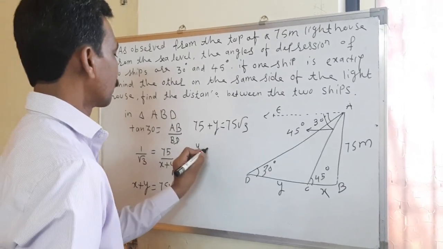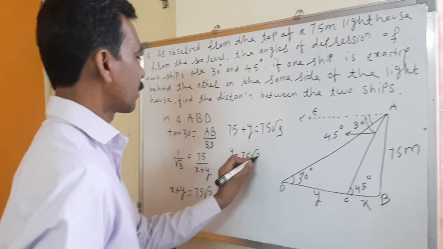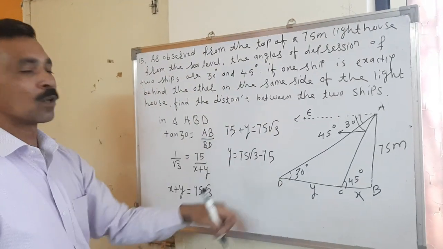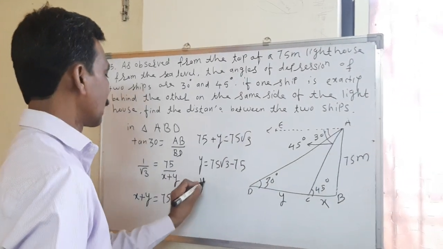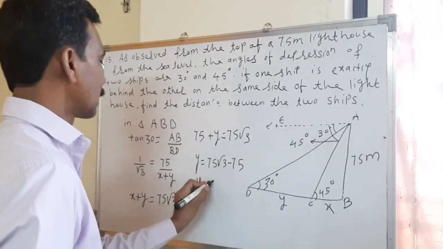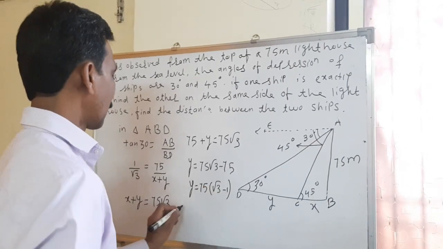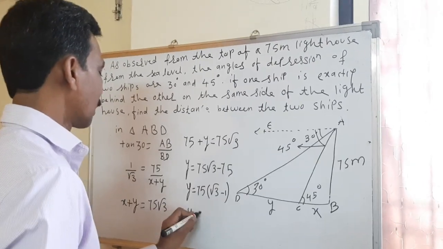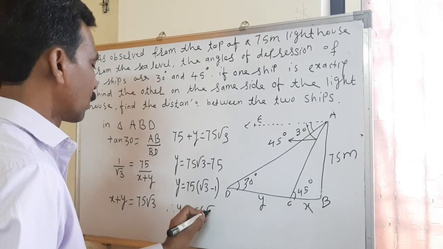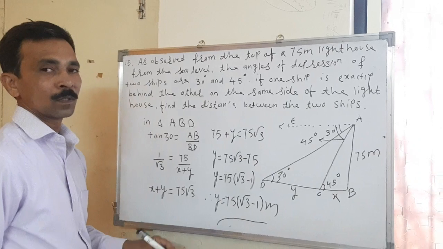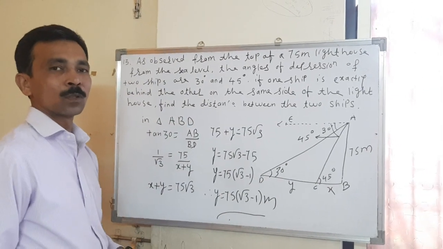Y is equal to 75 root 3 minus 75. This 75 goes that side. What is common? 75 in bracket, root 3 minus 1. Therefore, Y is equal to 75 into root 3 minus 1 meters. So this is the way to find the distance between the two ships.